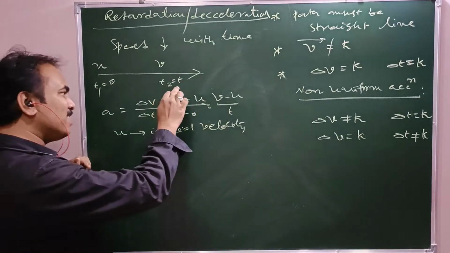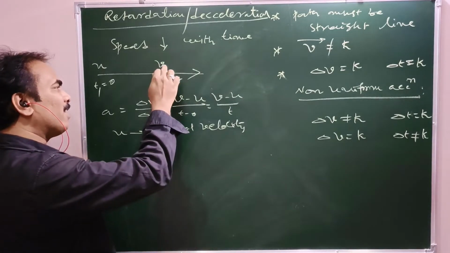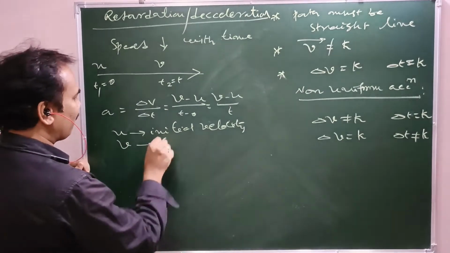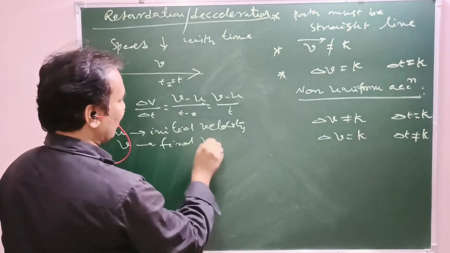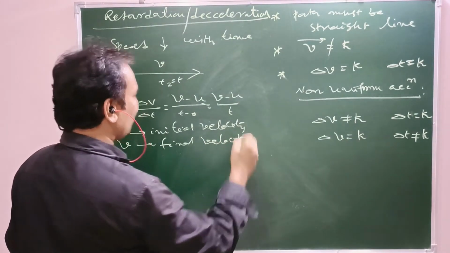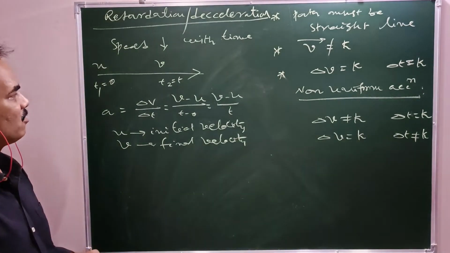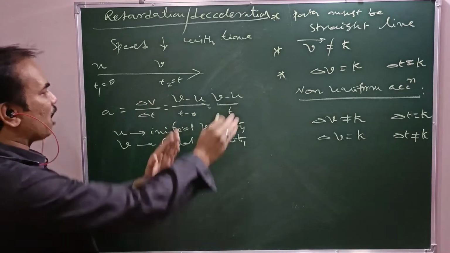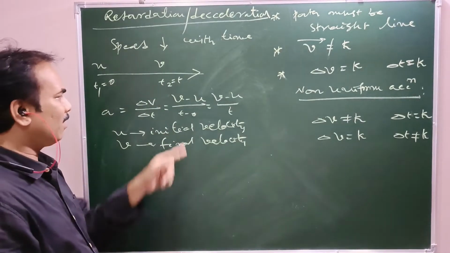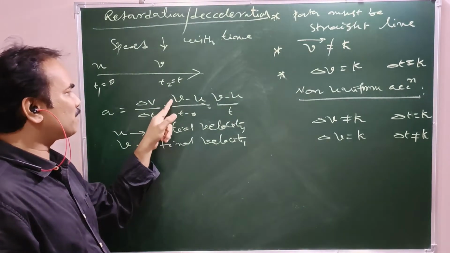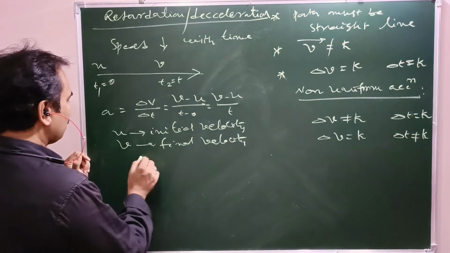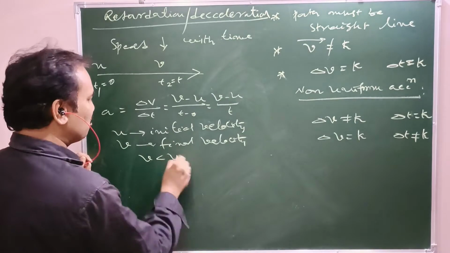When our observation ends, the velocity possessed by the particle is said to be the final velocity. Now, as the particle slows down because of some external agent, the final velocity must be less than the initial velocity. Am I right? That is, V is less than U.